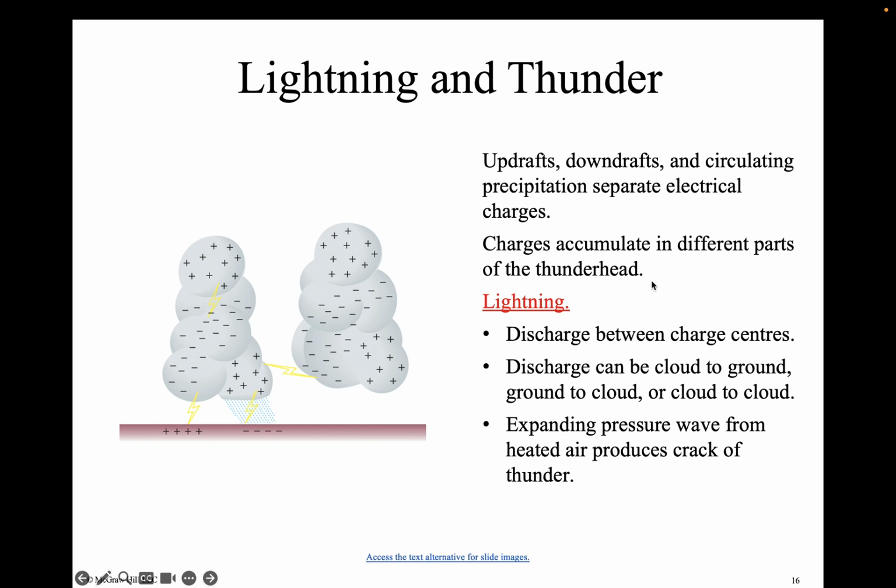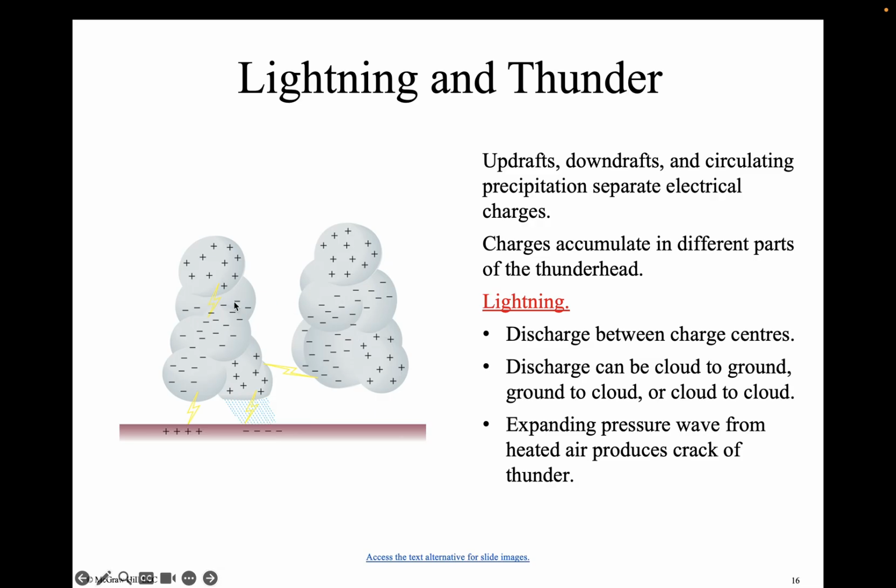So as the air moves up and then down, you have the separation of the electrical charges, and those charges are accumulated at different parts of the thunder cloud, okay? Usually the upper parts of the thunder clouds tend to accumulate positive charges, whereas the middle tends to accumulate more negative, because the bottommost part of the thunder clouds tends to accumulate both positives and negatives. Okay, so we call these areas the centers of electric charge.